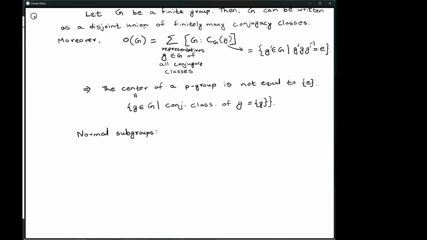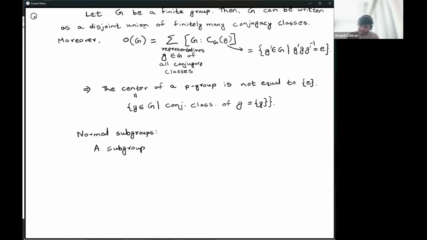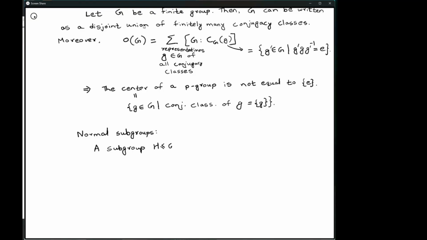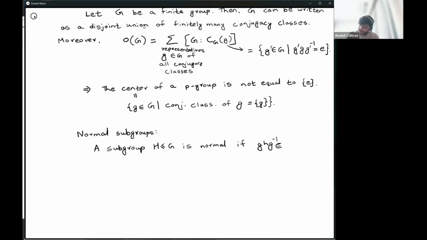A subgroup H of a group G is said to be a normal subgroup of G if for all x in G and for all h in H, x h x inverse belongs to H. Or we can simply say left coset is equal to right coset. Right. So writing it in the first way, g h g inverse is contained in H for all g in capital G, h in capital H.